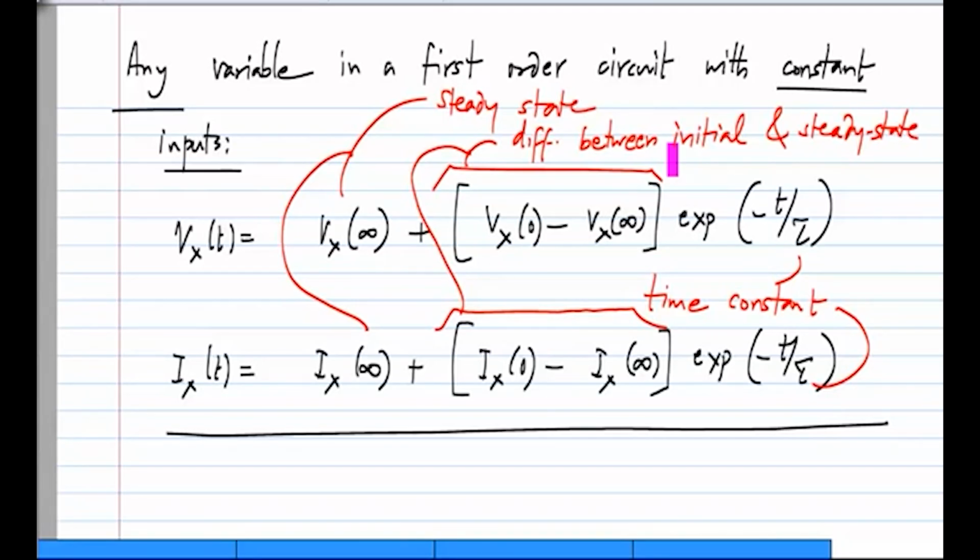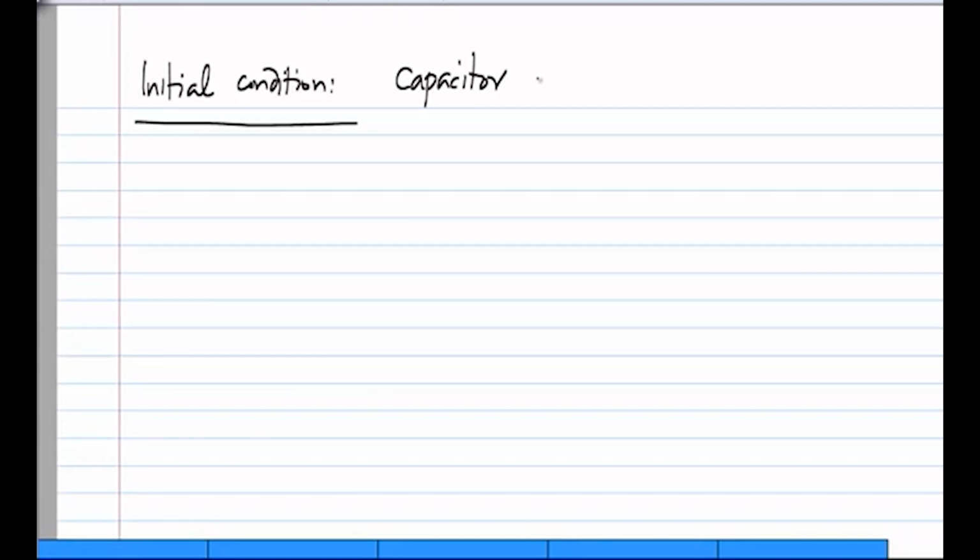Now, for all the cases that we know, this will be modified a little bit later. How do we do these things? So, initial condition means that before applying the input or before the step changes to some other value, the capacitor has some voltage, and usually you find it by assuming that the capacitor voltage does not change instantaneously.